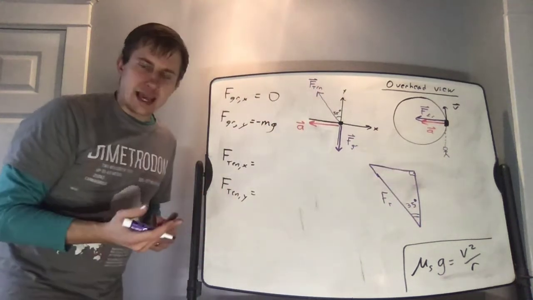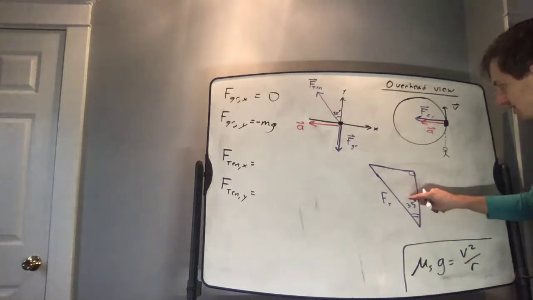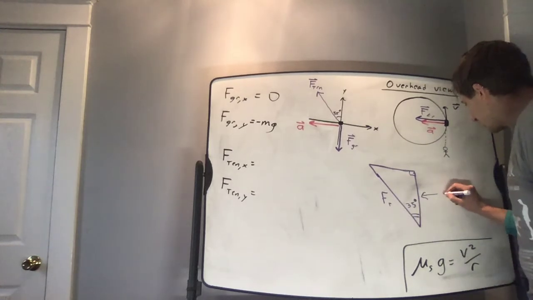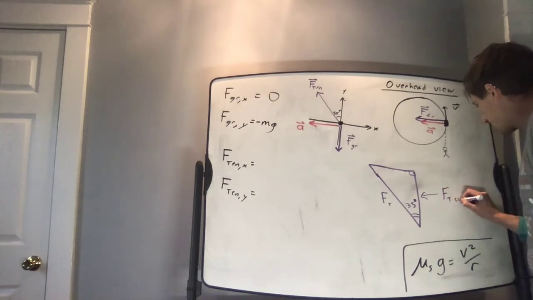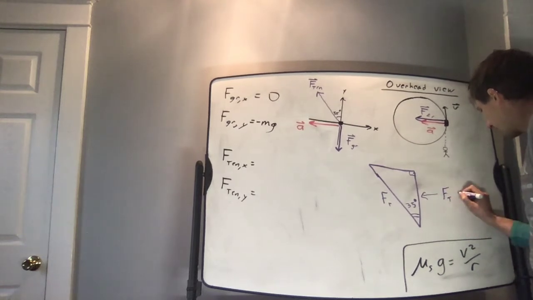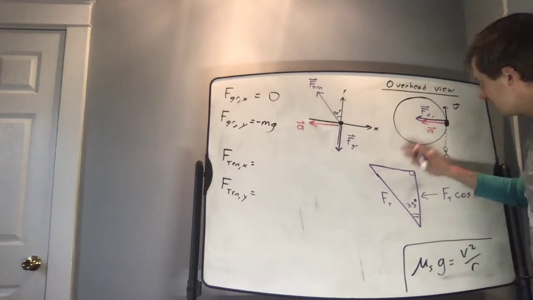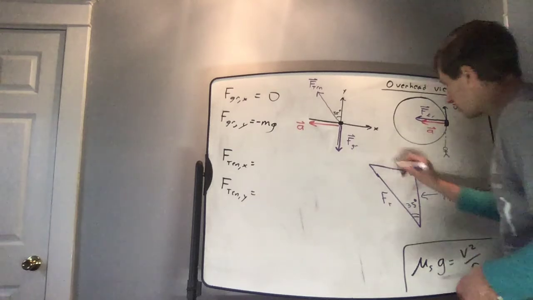Now, if I look at how I drew this right triangle, I could say this side of the right triangle is adjacent to the 35-degree angle. So I could say this will be a side length of Ft cosine 35. And this side of the right triangle is opposite the 35-degree angle.